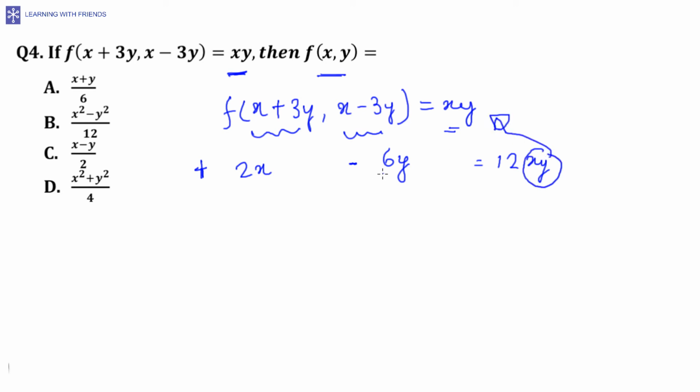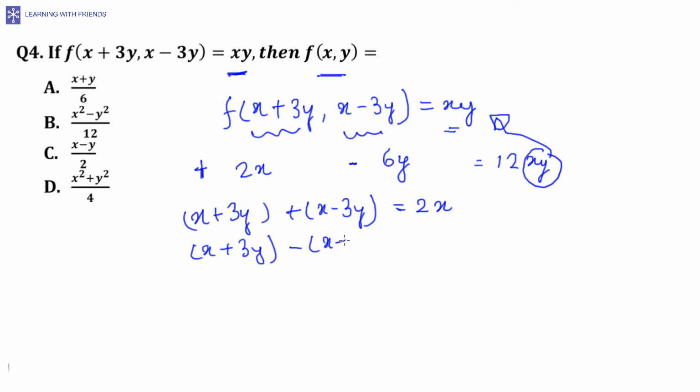So what I'm basically doing is that I'm adding both of these terms, right? So I'll write it again here. x plus 3y plus x minus 3y. So I'm getting 2x here. I'm subtracting the terms, x plus 3y minus x minus 3y, and I'm getting 6y here.